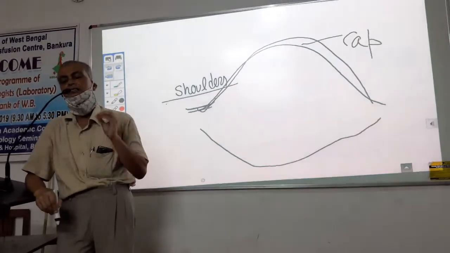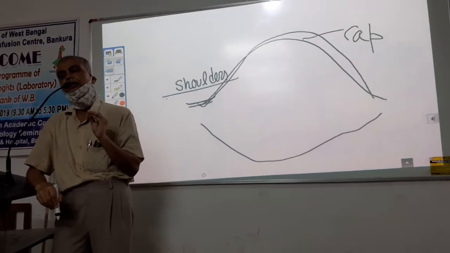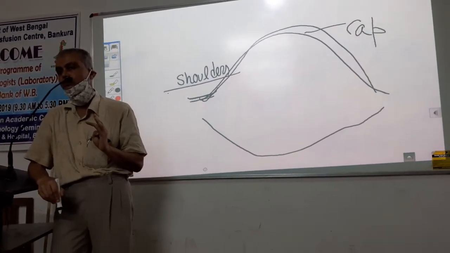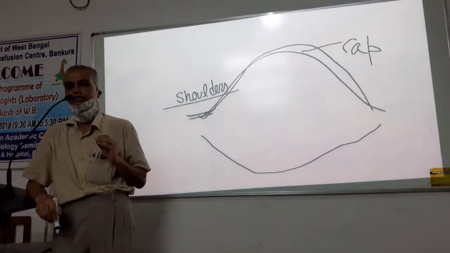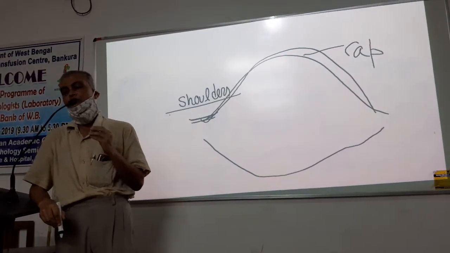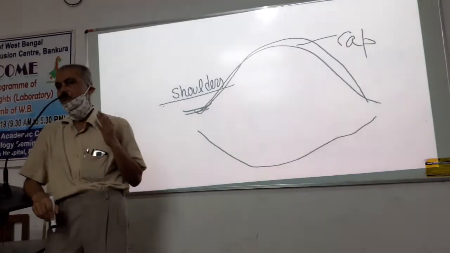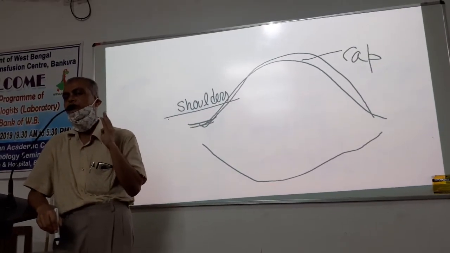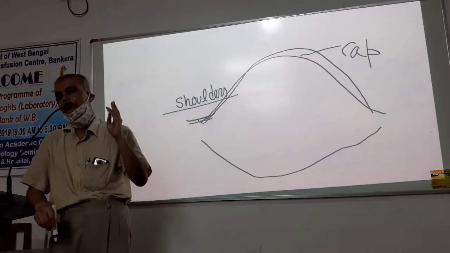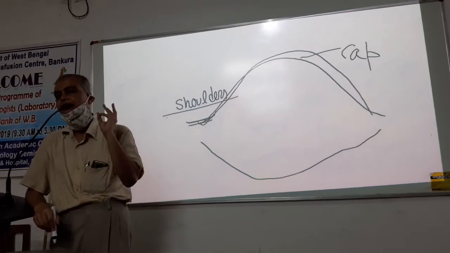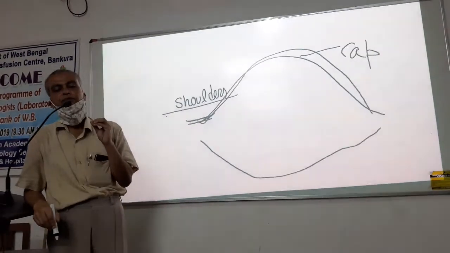These shoulders are the most cellular area of a plaque, and they contain fibrous tissue, macrophages, lipid-laden macrophages, smooth muscle cells, and inflammatory cells, particularly T lymphocytes. So all these cells will be there. And then the only thing left is the center.